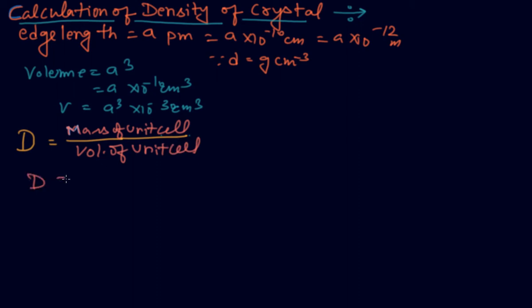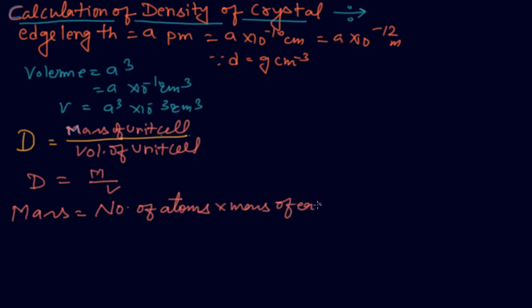Simply we can say that D is equal to M by V. Now what is the mass? From the mole concept, mass is equal to number of atoms multiplied with mass of each atom. Number of atoms stands for Z, and mass of each atom can be written as small m.